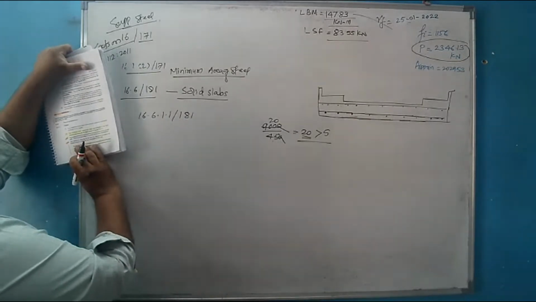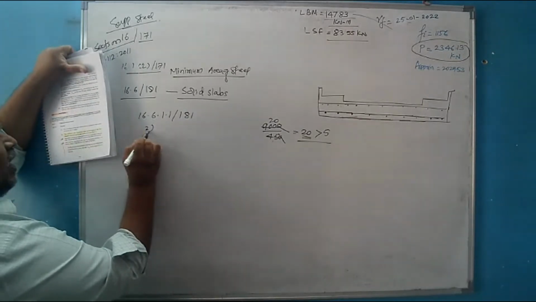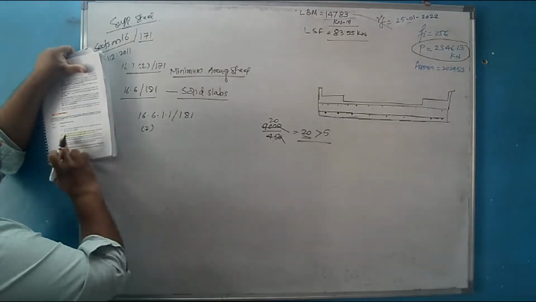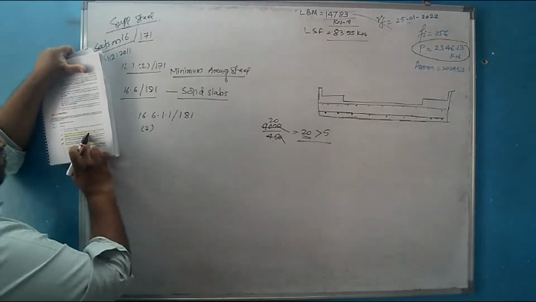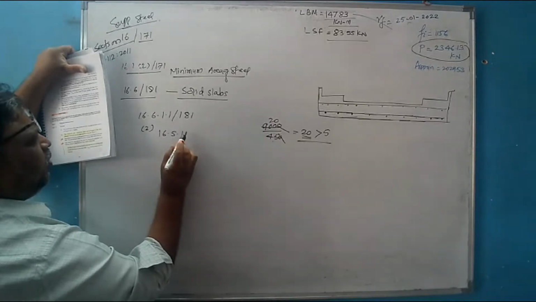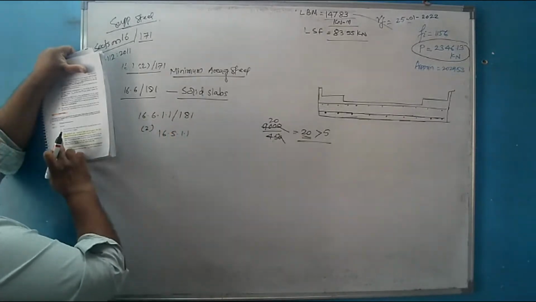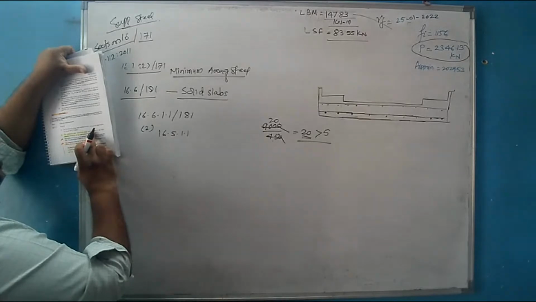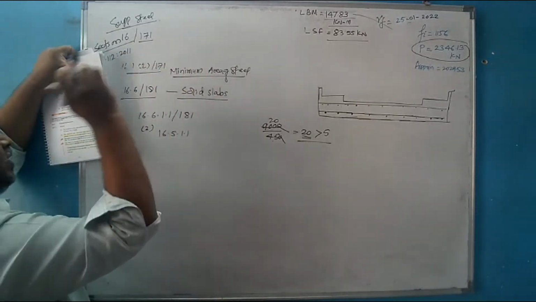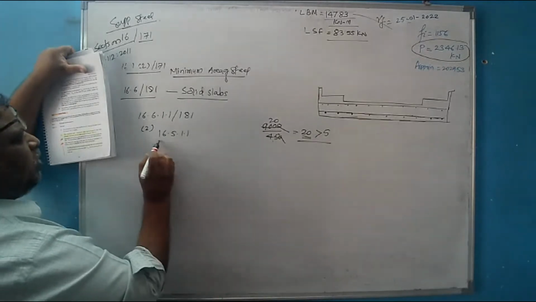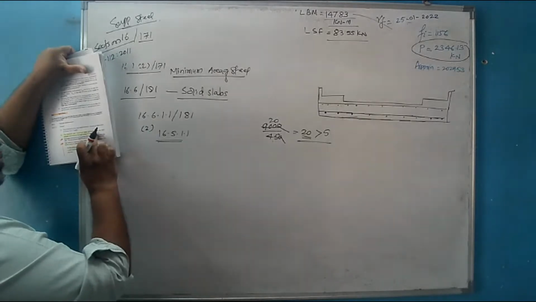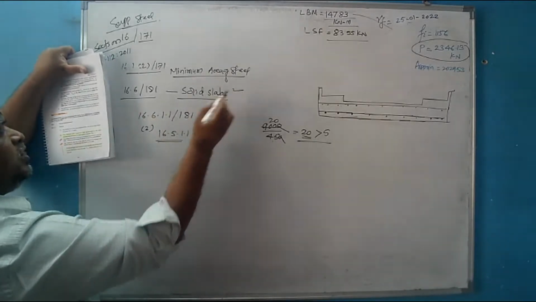What it says? Second part of that I am reading. The minimum and maximum steel percentages in the main direction should be as for the beam given in clause 16.5.1.1. ये क्लॉज बोलता है कि मिनिमम और मैक्सिमम स्टील परसेंटेज का जो क्राइटेरिया बीम के लिए दिया है वही क्राइटेरिया स्लैब के लिए भी एप्लीकेबल है. तो हमको ये क्लॉज रेफर करना पड़ेगा. 16.5.1.1 that is for beam and it is equally applicable for the solid slab.